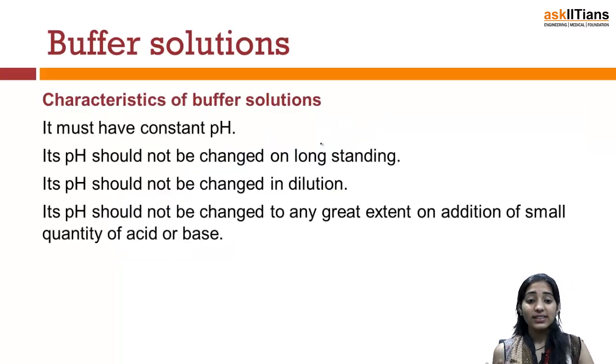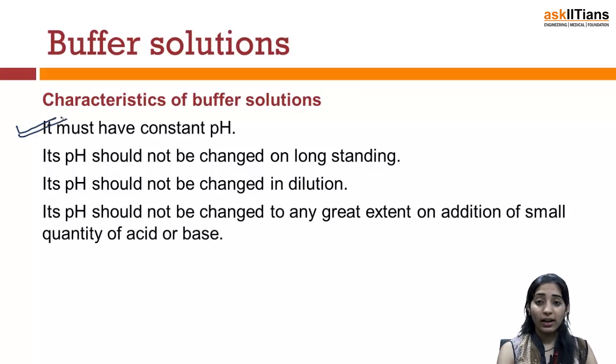Let's first discuss the characteristics of a buffer solution. A buffer solution must have a constant pH, and its pH should not change on long standing. For example, if you keep the solution for a long time, the pH should not change. If any solution follows this, only then do we call it a buffer solution. Thirdly, the pH should not change on dilution.